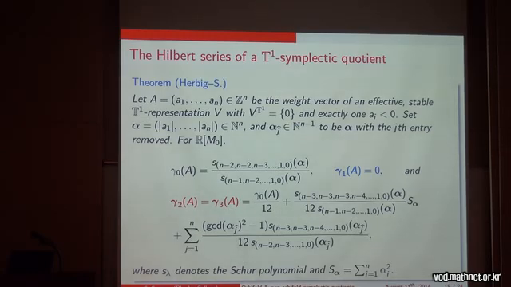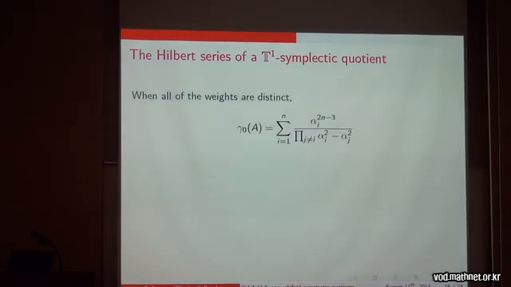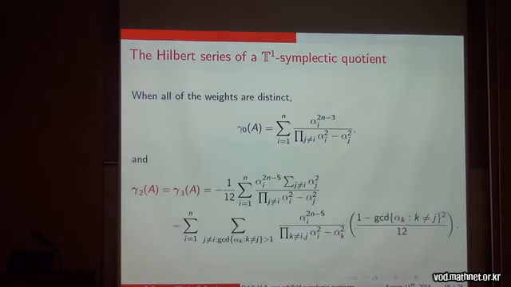To give this in a more tractable way, if all of the weights are distinct, and I just let alphas be the absolute values for simplicity, gamma 0 looks like this. Gamma 2 and gamma 3, we have formulas that look like these. I'll mention that this is a tedious but relatively direct computation.